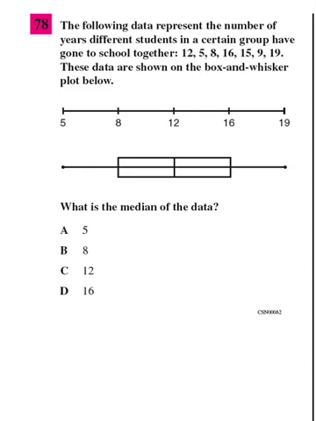Problem 78. The following data represent the number of years different students in a certain group have gone to school together. These data are shown on the box and whisker plot below.